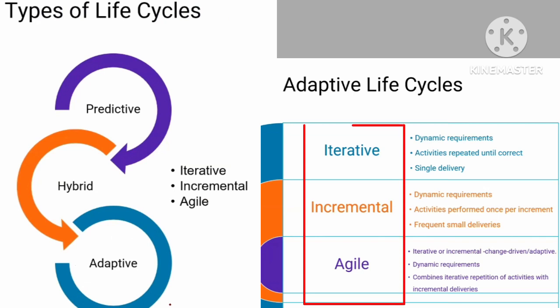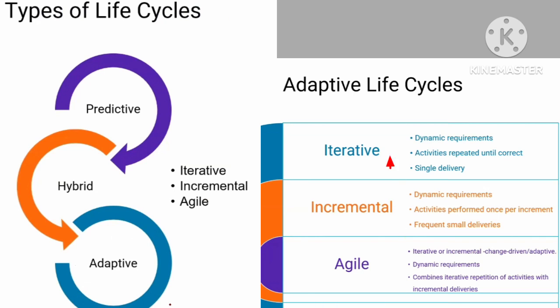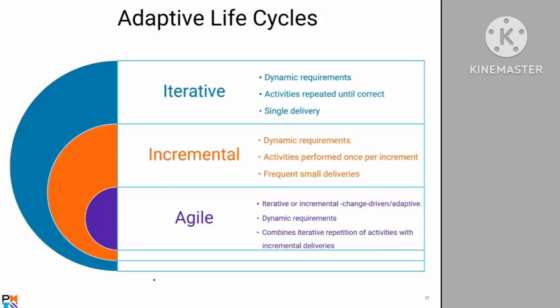So please note the difference between the iterative life cycle and the incremental life cycle. In the case of the iterative life cycle, some polishing may happen, but the scope of the product remains unchanged.